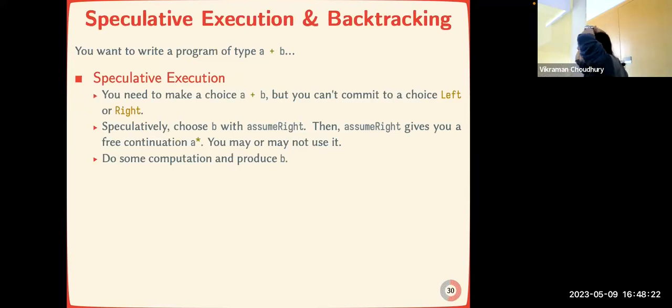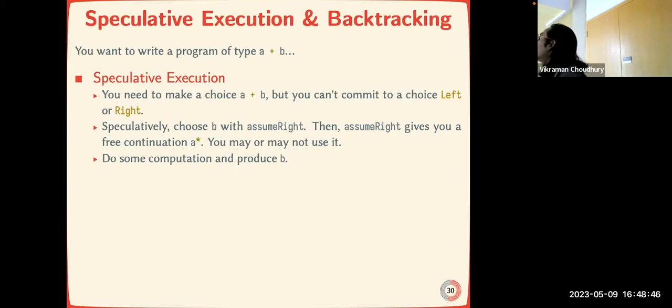The way I've been thinking about it, I'm not an expert in imperative programming, but there are many ideas like speculative execution, checkpointing, backtracking, and the closest I could think of is to relate this to speculative execution, which happens in CPUs.